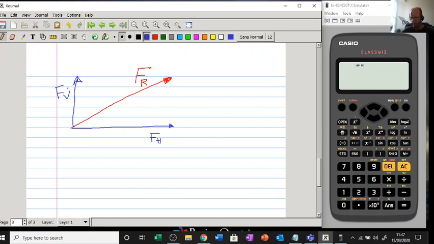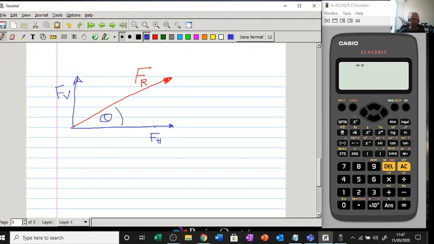So there's my horizontal force, there's my vertical force, and here's my angle. There's my angle.